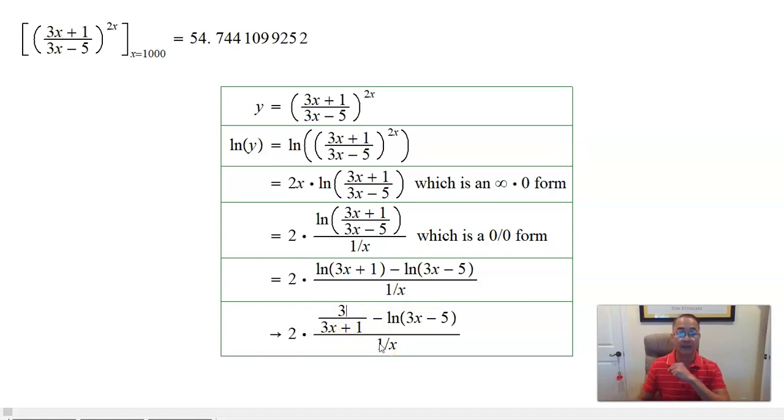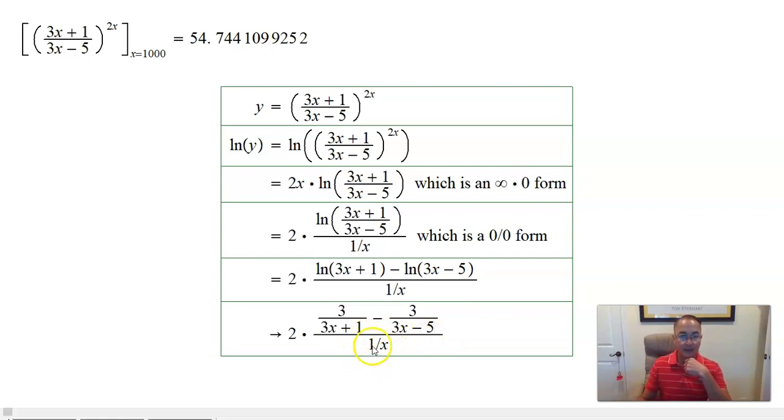Now minus the derivative of ln of 3x minus 5, same thing: 1 over 3x minus 5 times the derivative of 3x minus 5, which is again 3. So it's just like the first term, except we have 3x minus 5 in the denominator.